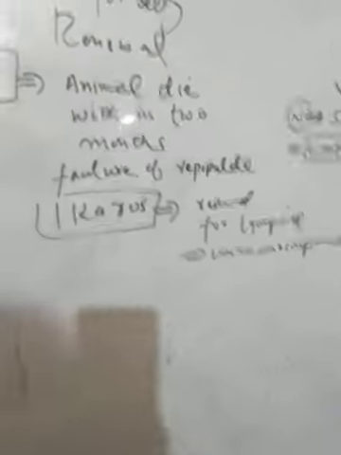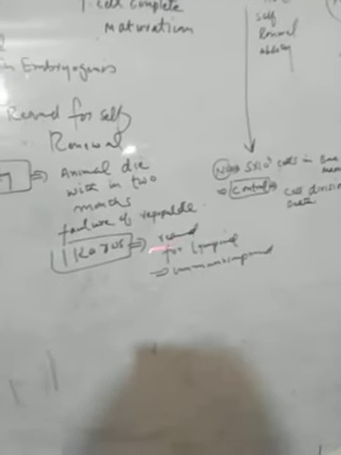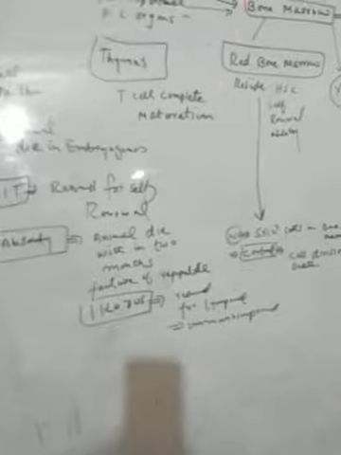Because of the failure of repopulation of hematopoietic stem cells. Another factor is Ikaros, required for the formation of lymphoid stem cells. If Ikaros is absent in an animal, the person will be immunocompromised.